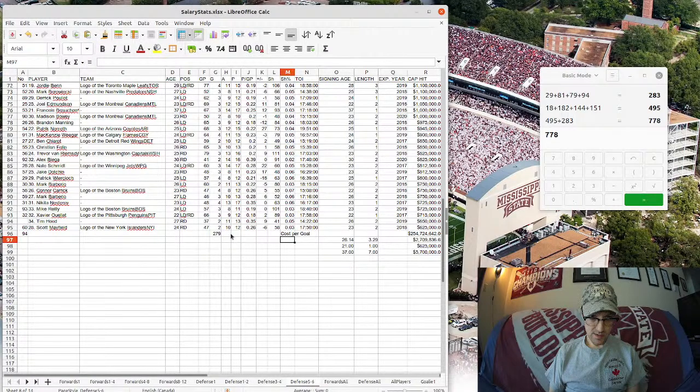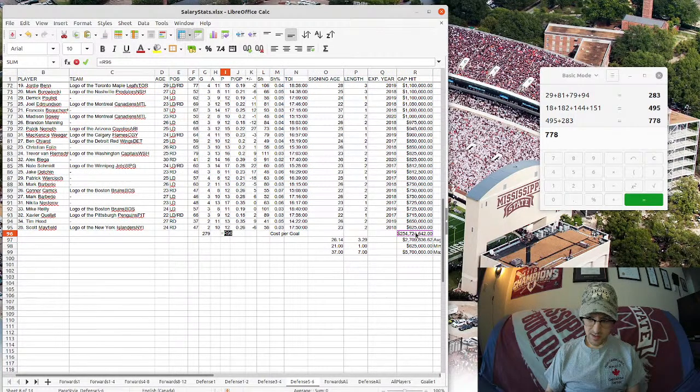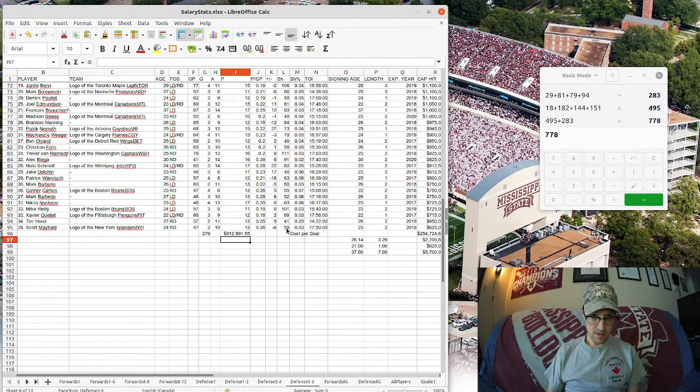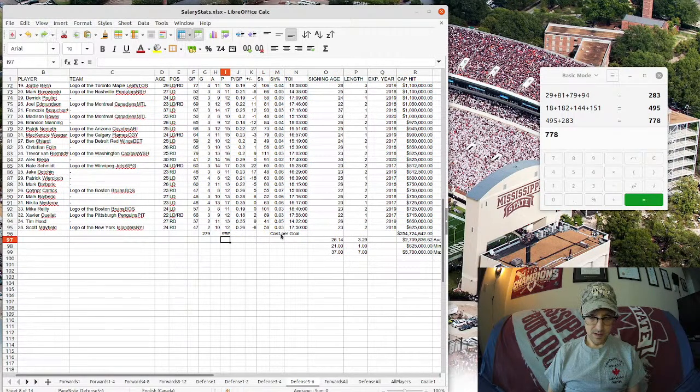There, I guess. Equals that divided by that. That needs to go there. Where can I put this then?